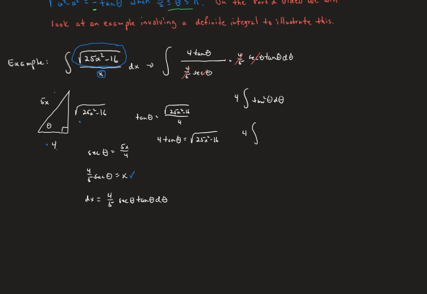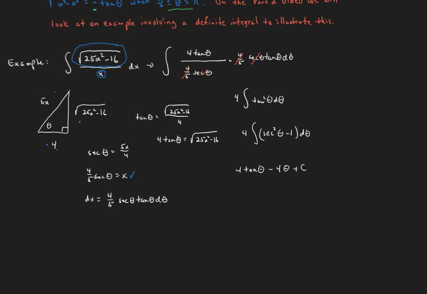Hopefully we recognize that we're going to replace the tangent squared theta with secant squared theta minus 1 d theta. So that integral is going to be 4 times the integral of secant squared, which is tangent theta. And then we'll get a minus 4, and the integral of 1 with respect to theta is going to be theta.